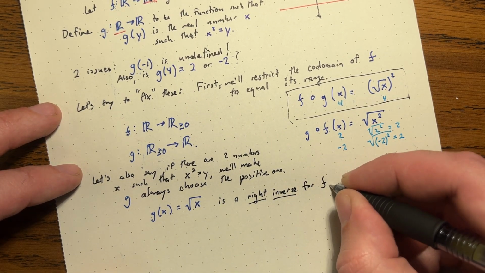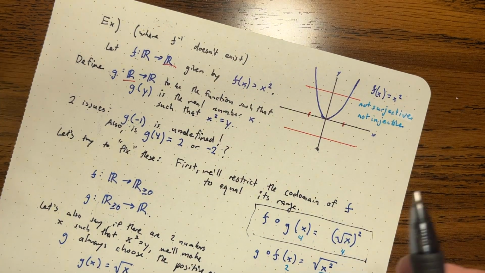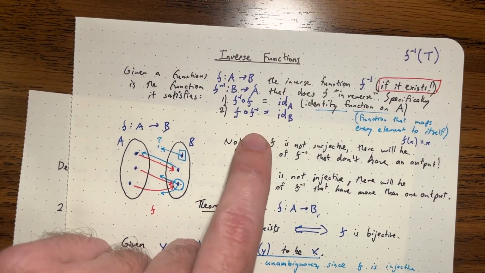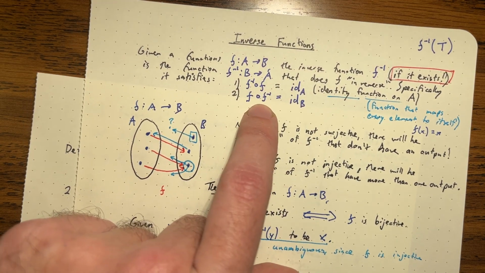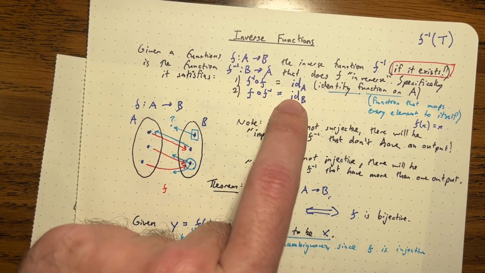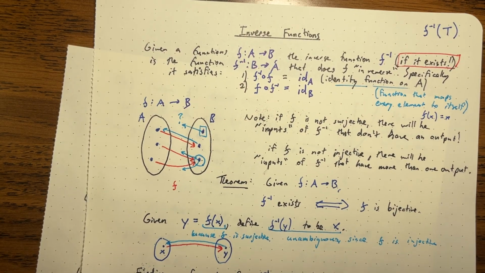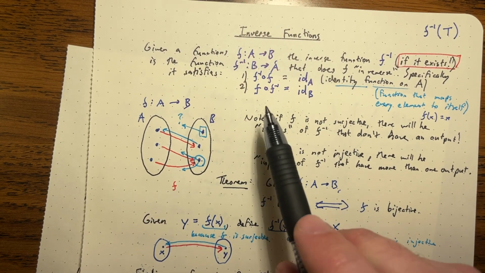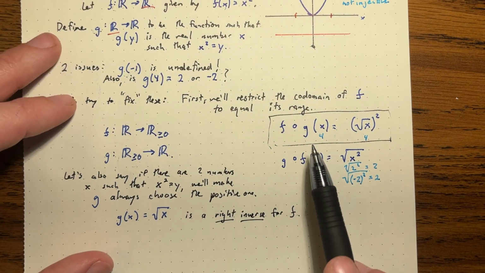When you compose it on the right of f, you always get back what you started with. Okay, so the second one is true. If you start in b, go backwards then forwards, you always just get the number you started with. And it turns out that as long as your function is surjective, you can always define that right inverse.